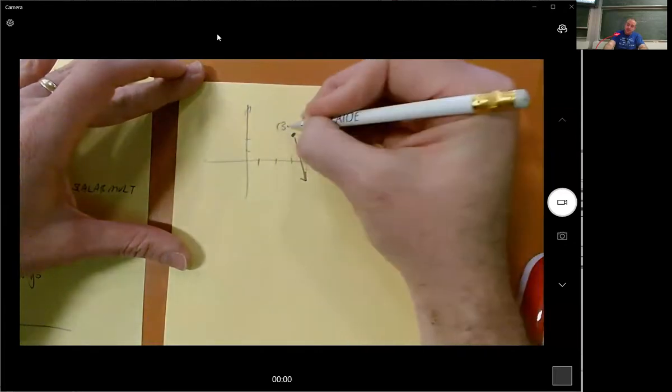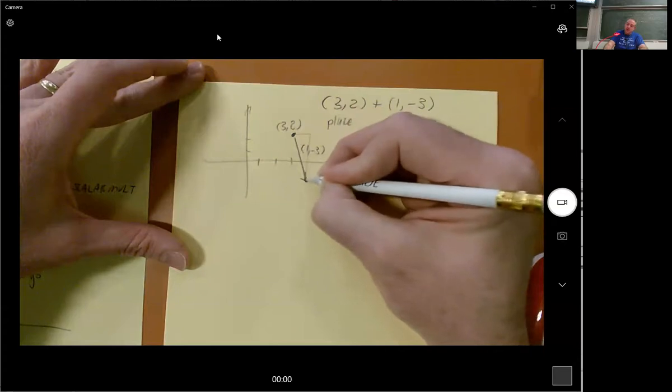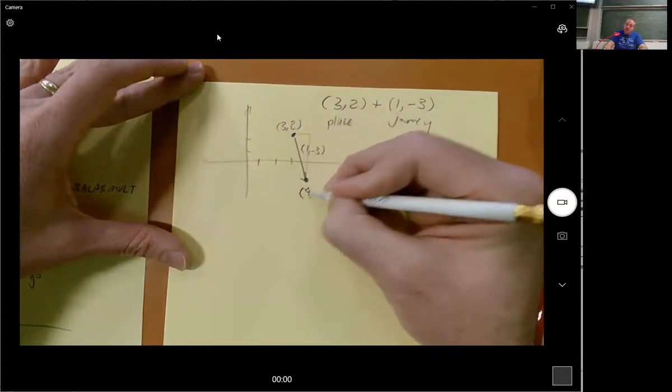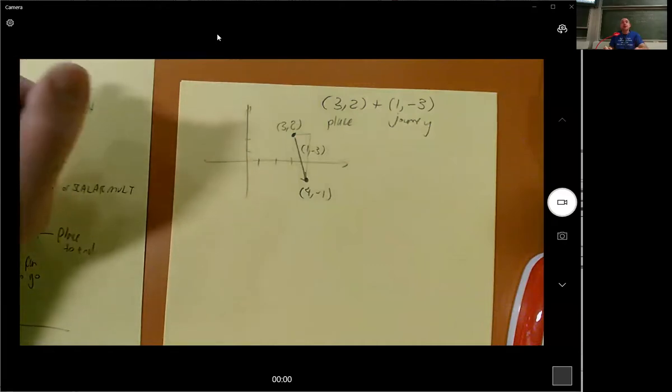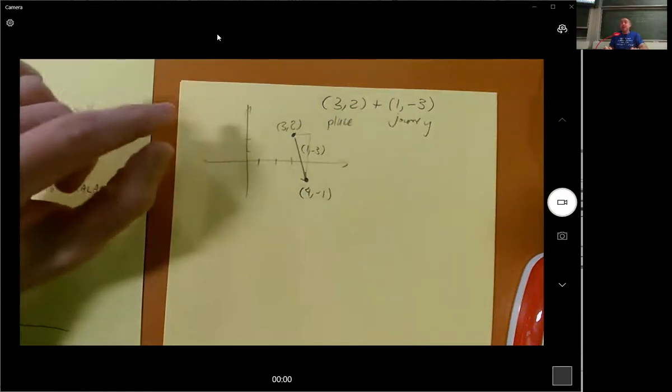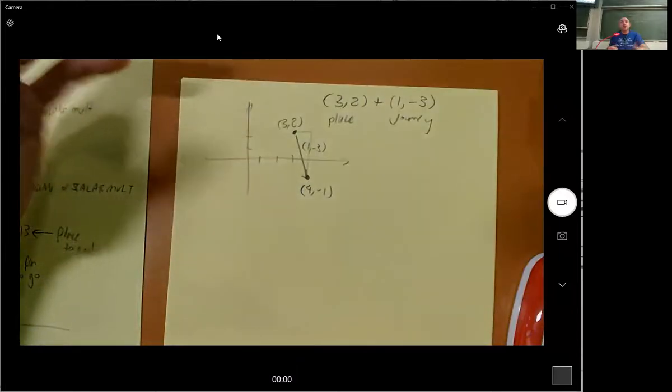This is the place 3, 2, and this is the journey 1, minus 3, and we arrive at this location, which is 4, negative 1. I could just as easily have written it in the opposite order and done this one as a place and this one as a journey if I wanted.